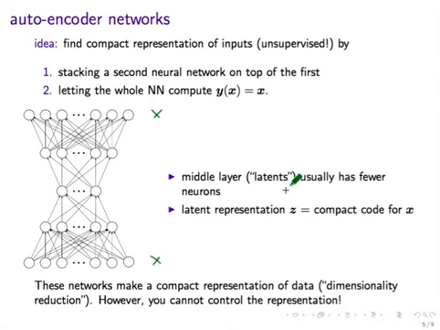So this structure, which is just a neural network in itself, is trained to map x to x, but pass that reconstruction through a so-called latent layer, which has fewer neurons than the input or output. This autoencoder thus learns to create a dense representation in latent space.